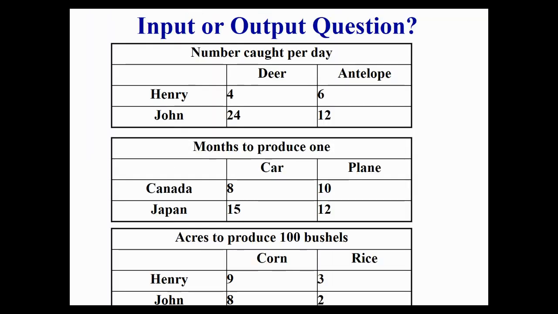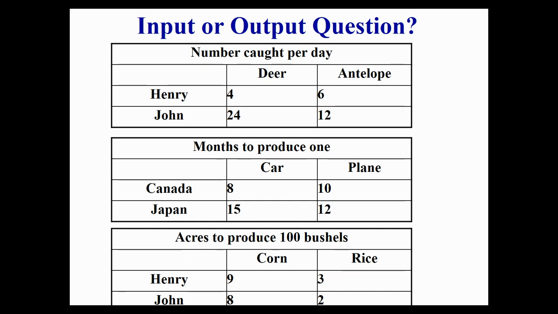Some more practice: input or output? Number caught per day, right? So deer and antelope, John and Henry. And then we have months to produce. Number caught per day would be output. Number of months of producing would be input. And then acres to produce 100 bushels, that too would be input.